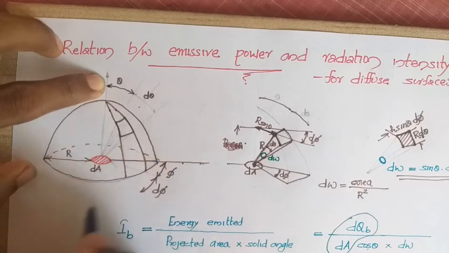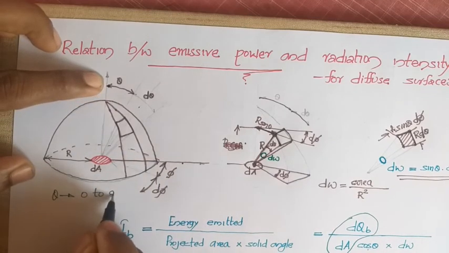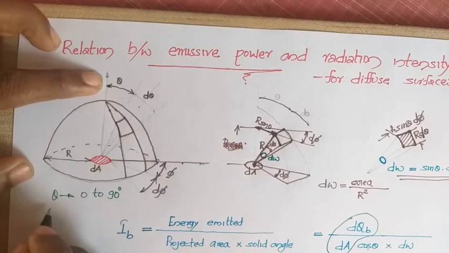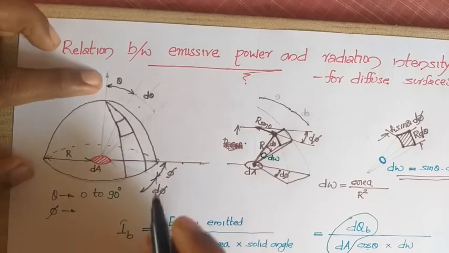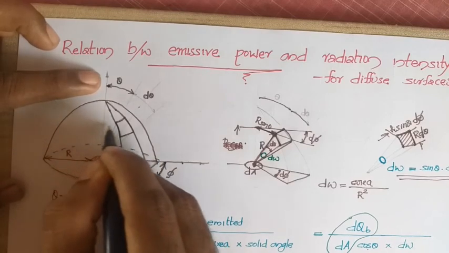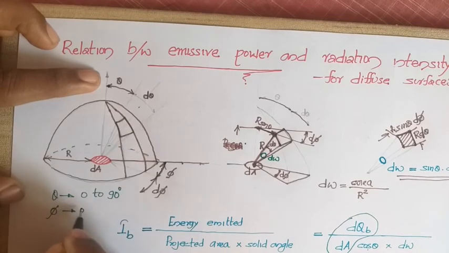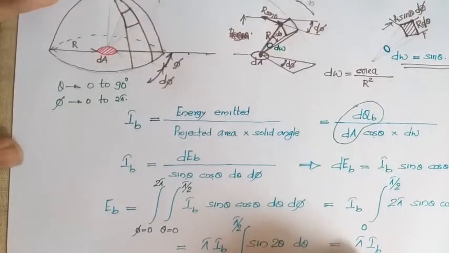That means theta varies from 0 to 90 degrees, or 0 to pi by 2. Next, phi is the angle measured from this line. It can move along the complete base of the sphere, so it can move from 0 to 360 degrees, or 2 pi. So you will apply these limits for integration.